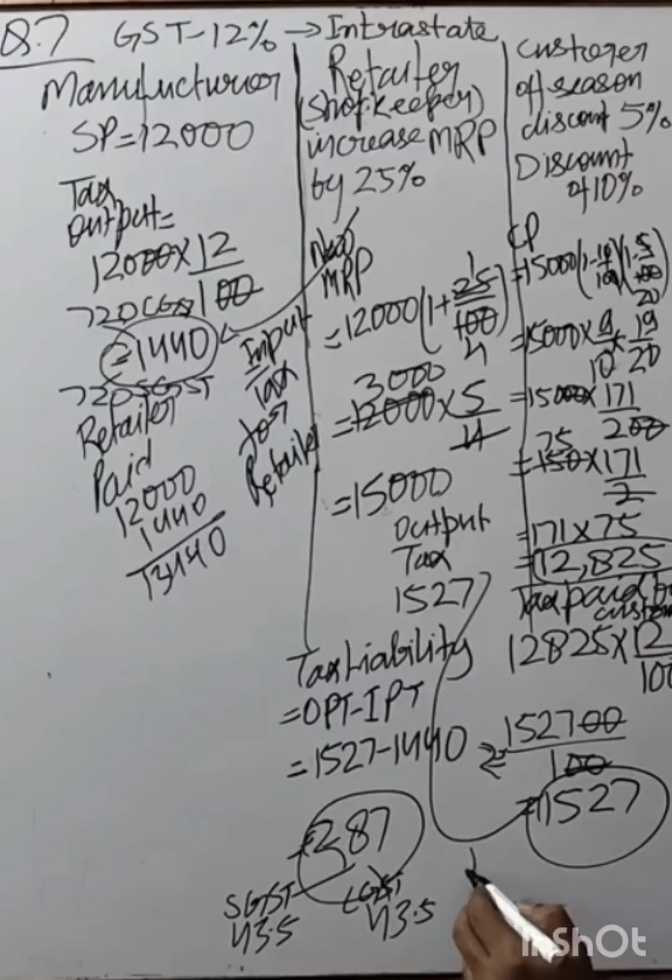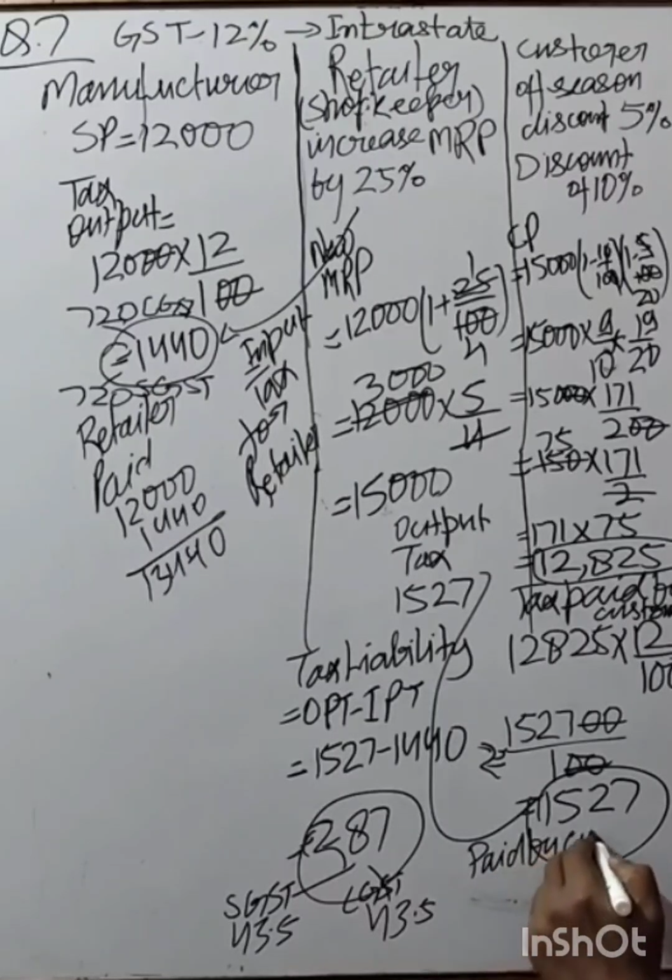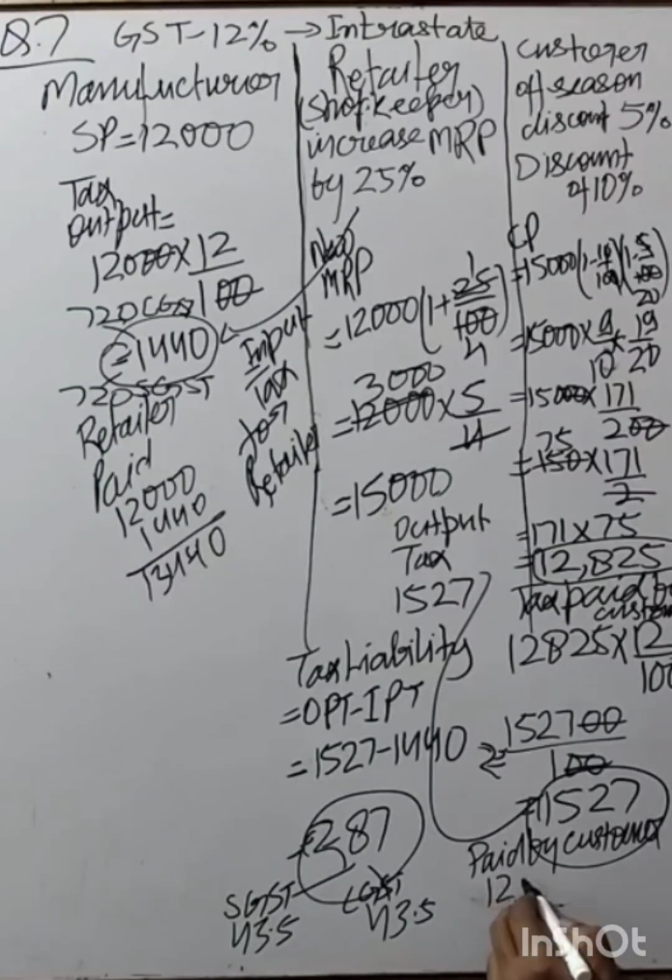So paid by the customer, that is 12,825 plus 1527, 14,352 rupees he paid, right?